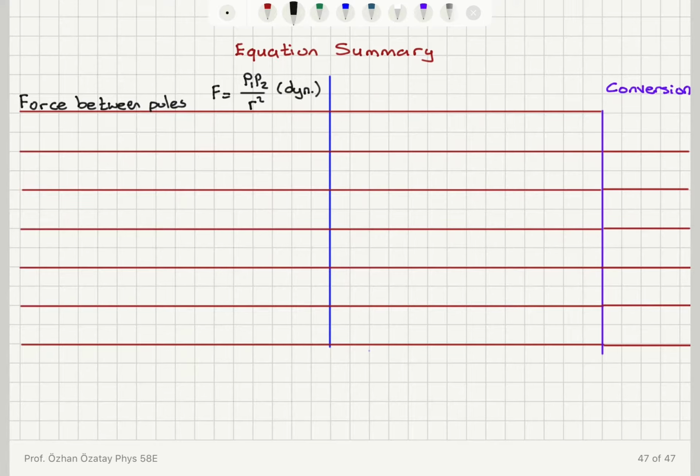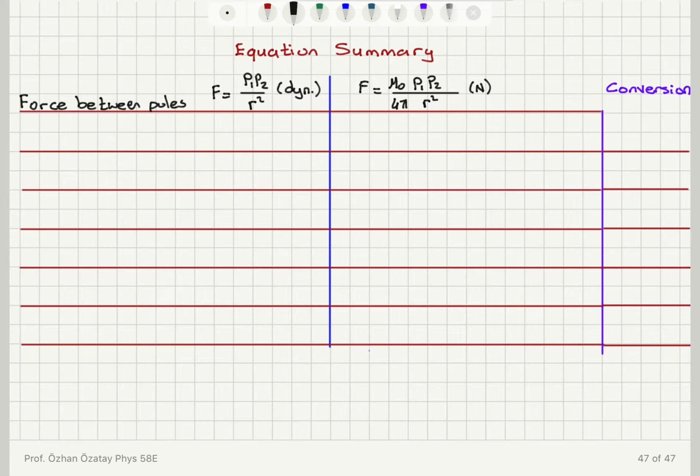Now if I write this in SI units, the force between two poles is mu 0 P1 P2 over 4 pi R squared, and this is given in newtons. P1 and P2 are in ampere meters, and R is in meters, and mu 0 is 4 pi times 10 to the minus 7 henry per meter.